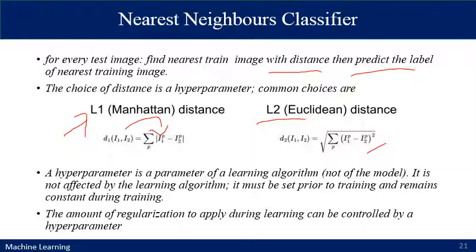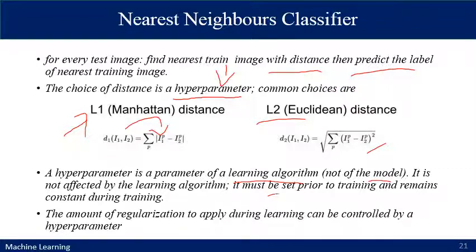So here is an important definition. Any parameter you choose, such as the choice of the distance, is called a hyperparameter. A hyperparameter is used by the algorithm to specify the actual working or the optimization of the algorithm. A hyperparameter is a parameter of the learning algorithm, not the model. It is not affected by the learning algorithm.